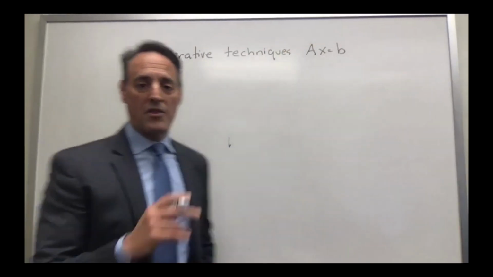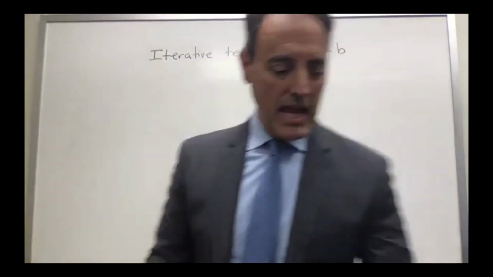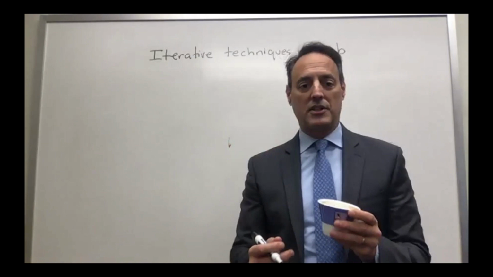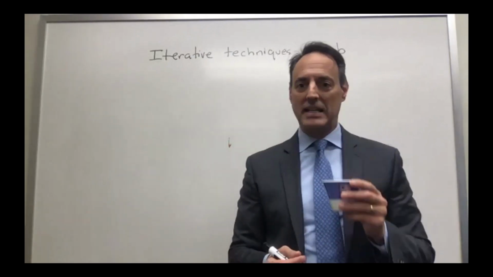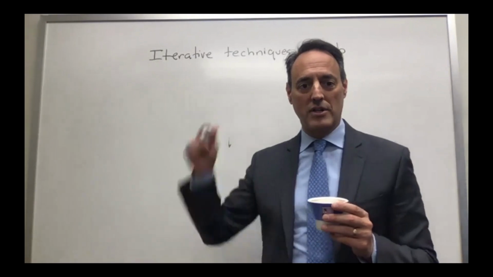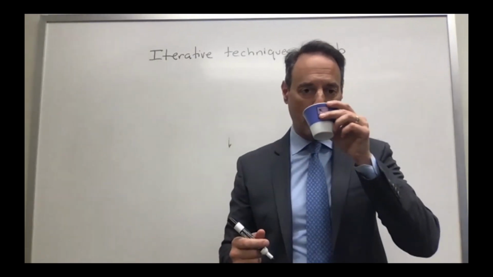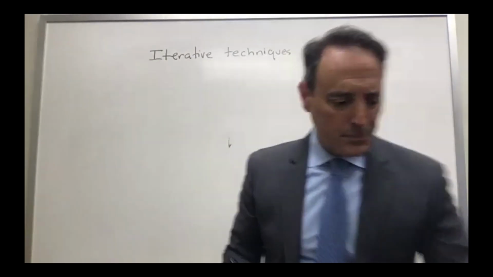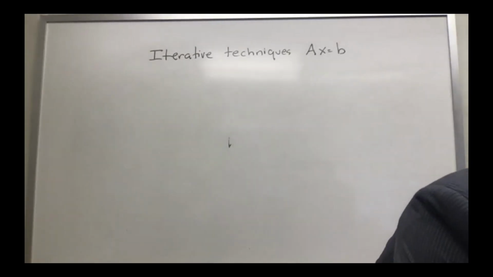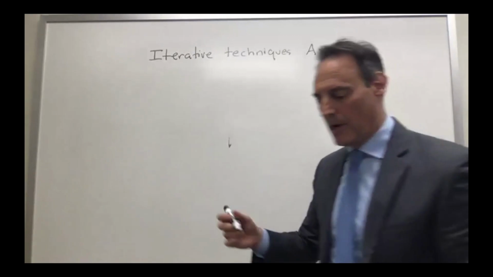So I want to start off with a simple example. We're going to start off by writing some code actually. We're going to do a little bit of MATLAB today and just do a little bit of iterations to try to solve some very basic Ax = b problems. So I'm going to start off with a simple problem, which I'm going to write as follows.